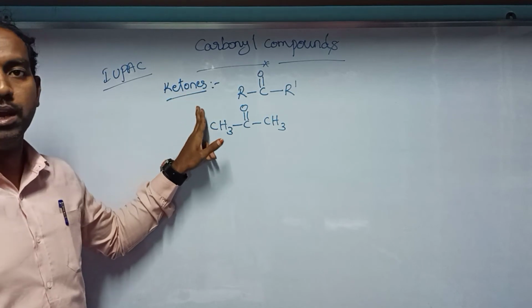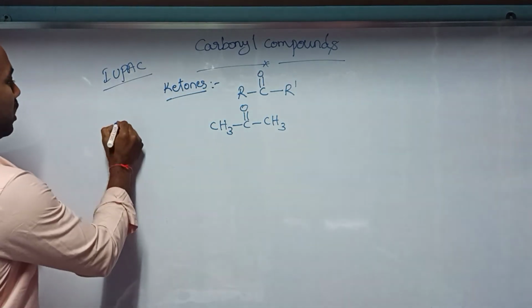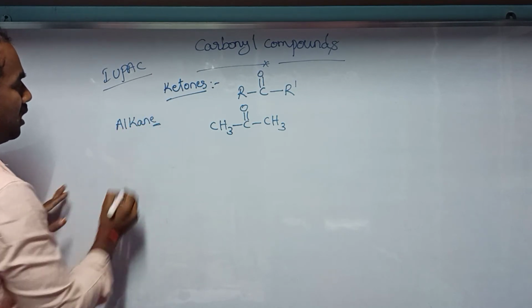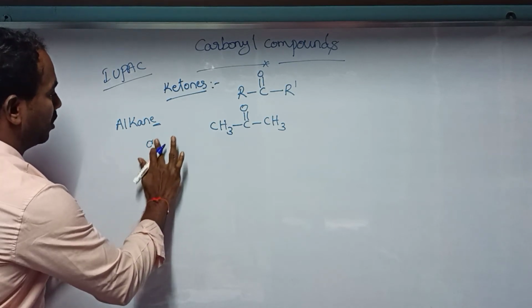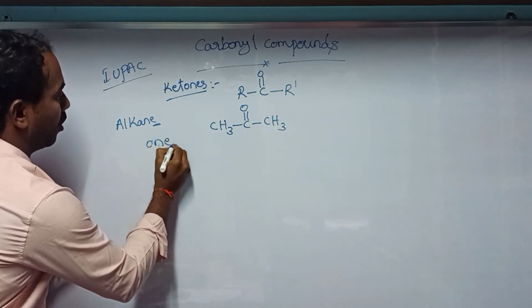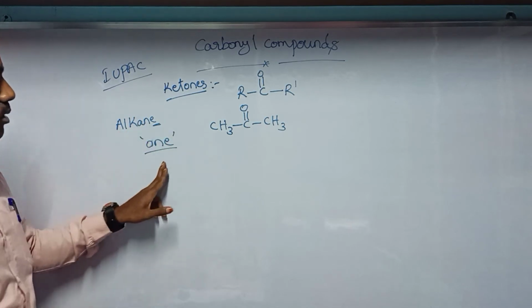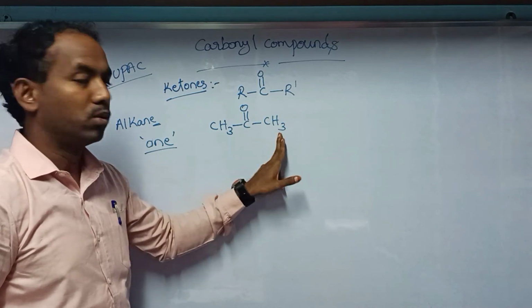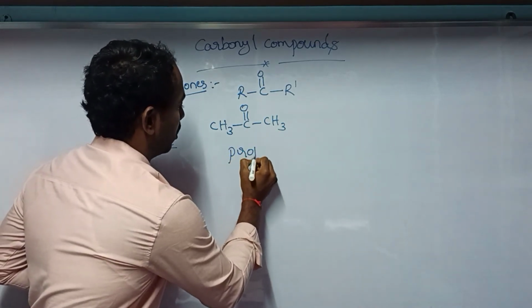While giving the IUPAC name for ketones, the letter E in the alkane should be replaced with ONE. So the suffix for ketones is ONE. Then a ketone with 3 carbon atoms, 1, 2, 3. The alkane name is propane.